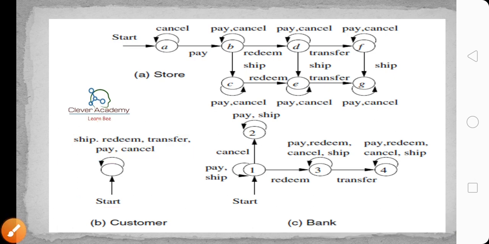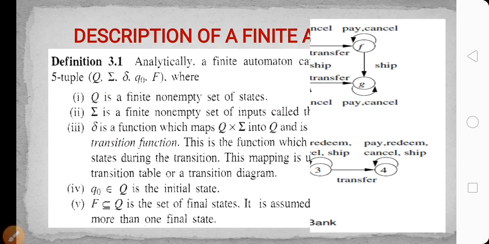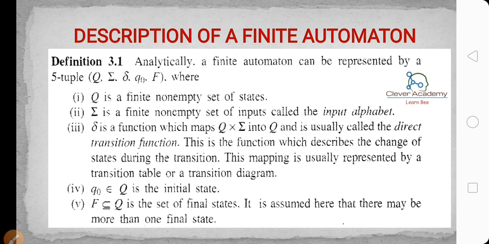Likewise, based upon the requirement of the finite automata, you specify the operations to be included. Coming to the definition of the finite automata, a finite automata is represented by 5 tuples.